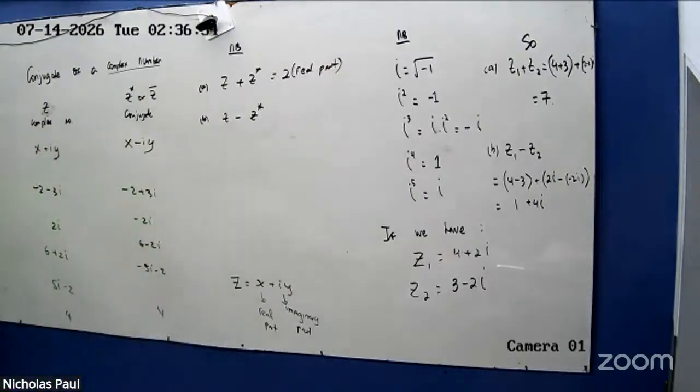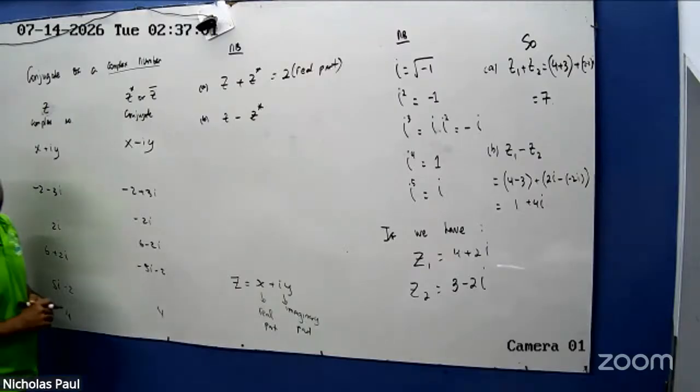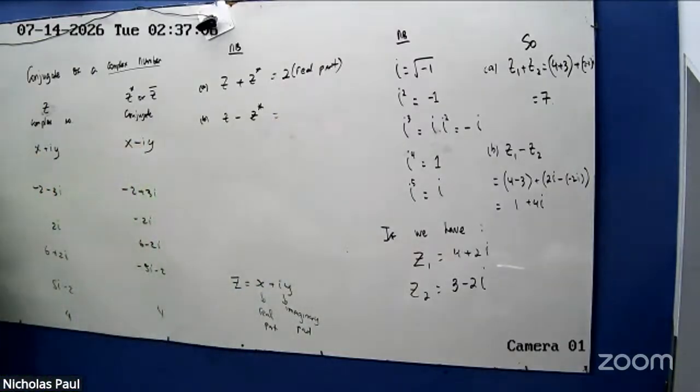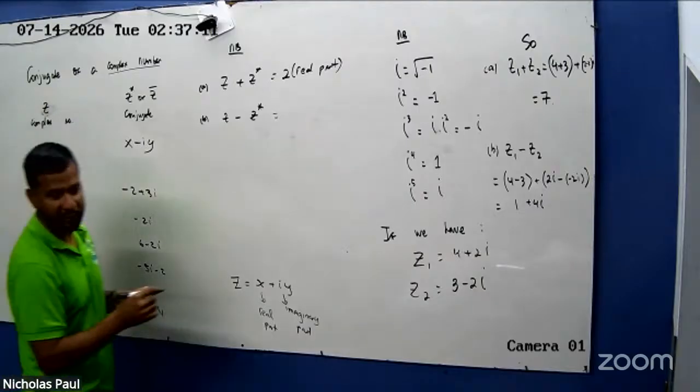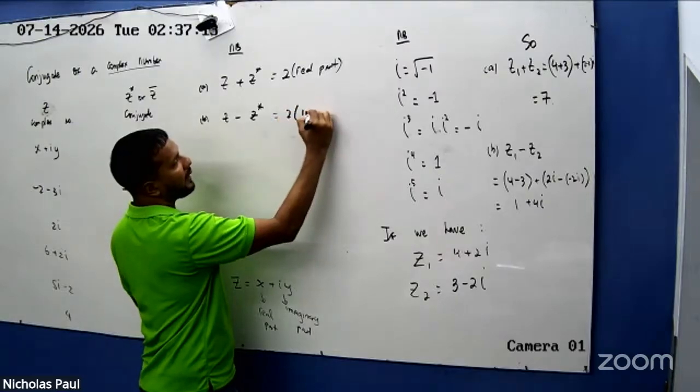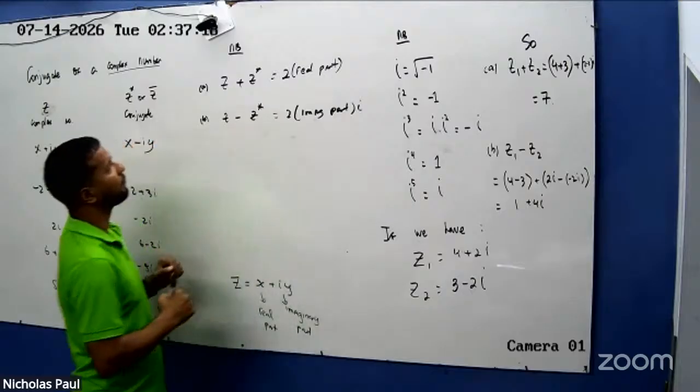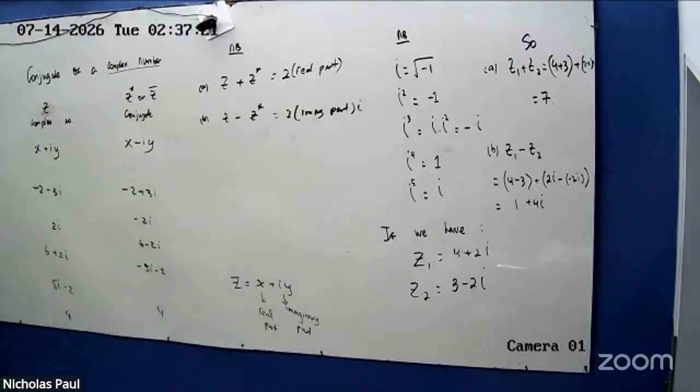What is Z minus Z prime? 2 times the imaginary part by i. Two important rules to remember.